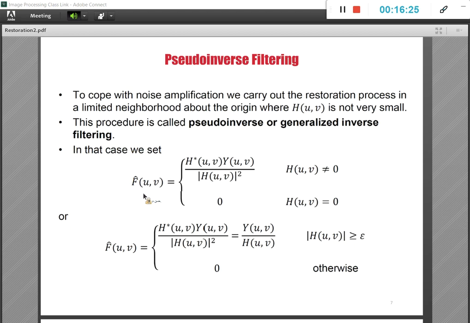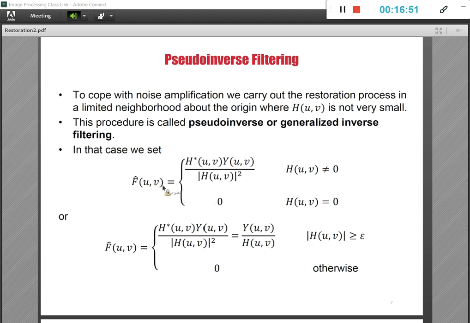In that case, f hat is H conjugate Y over |H|^2 when H is big or not zero, and f hat is 0 when H is 0 or very small. If we don't have this criterion, f hat becomes very big.